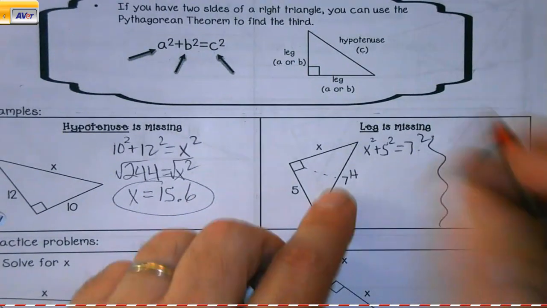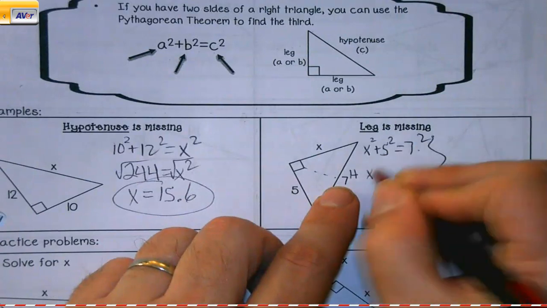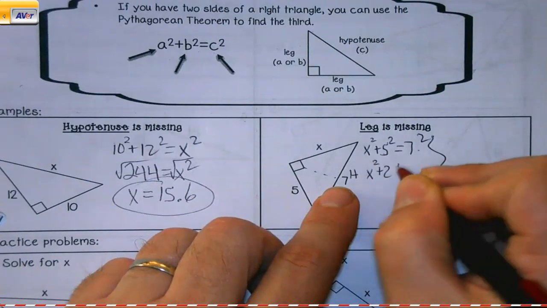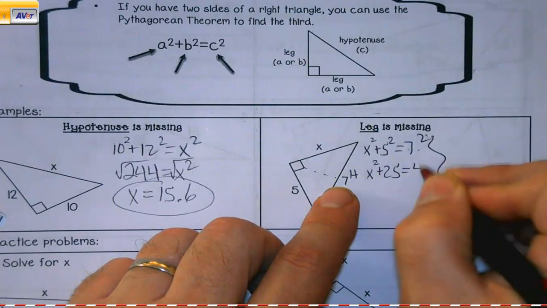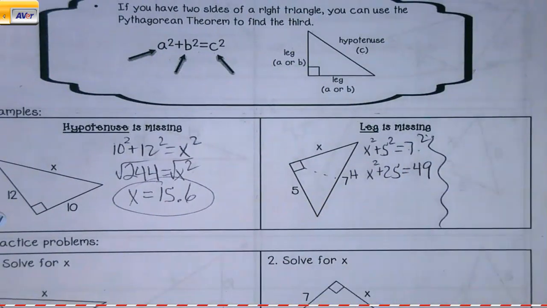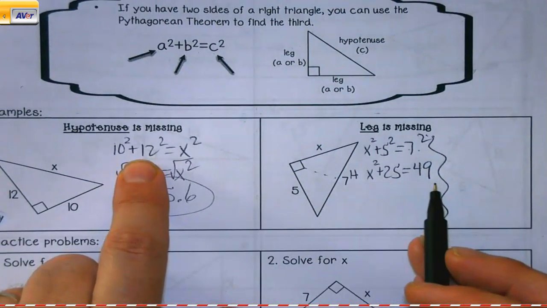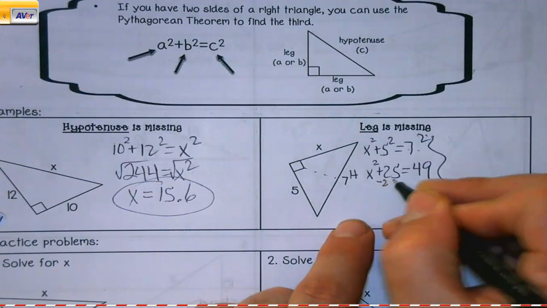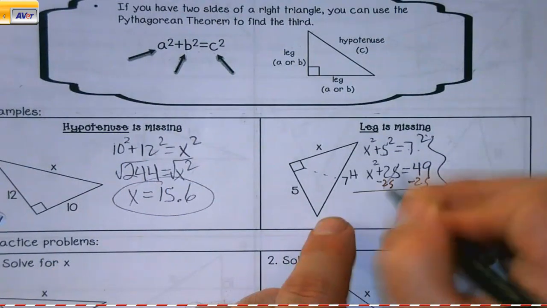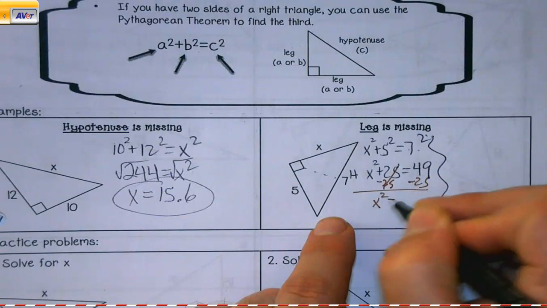So if I do that, I do my 5 squared, I do my 7 squared. But this time, they're on opposite sides. They're not on the same side of the equals like they were over here. So this time, we've got a little more work to do.